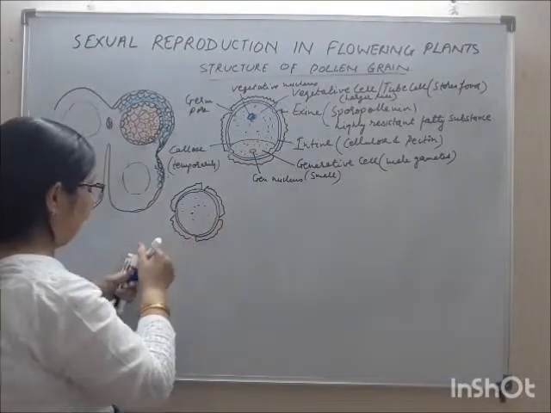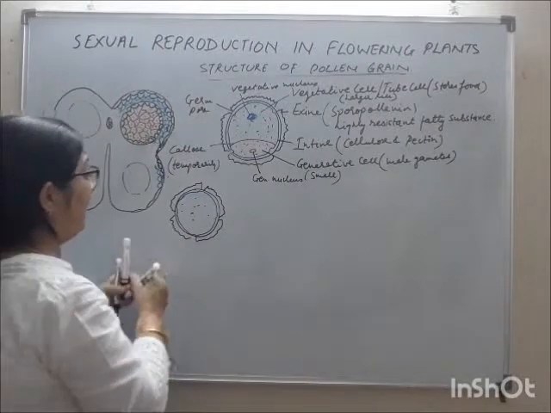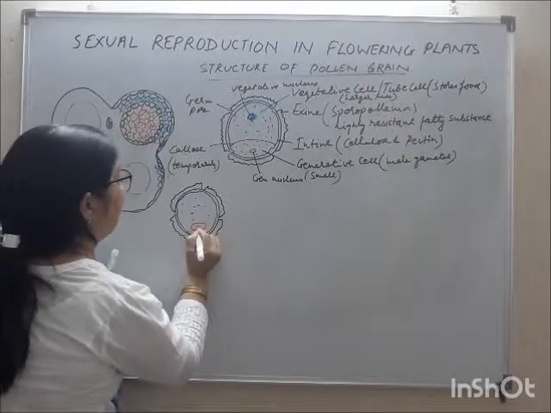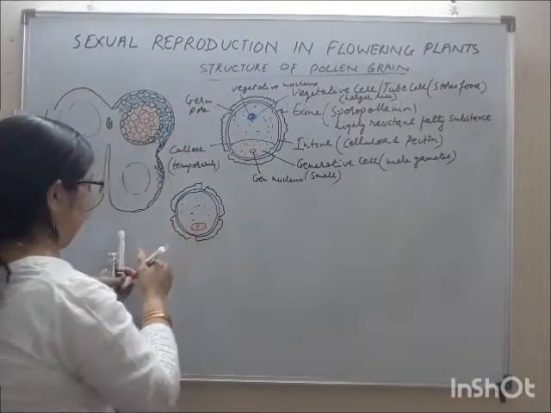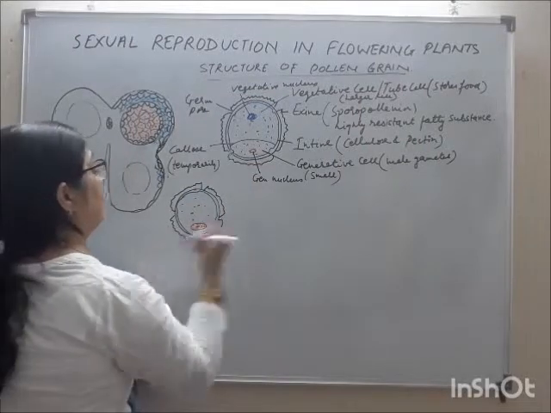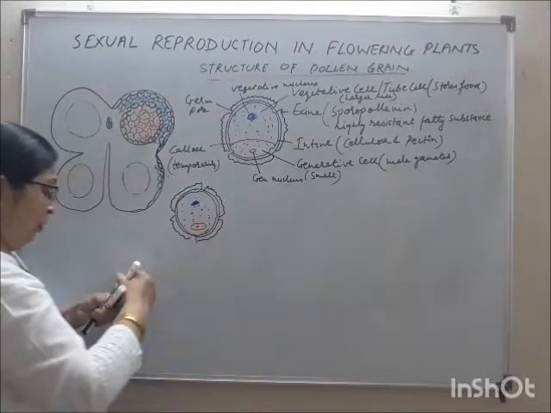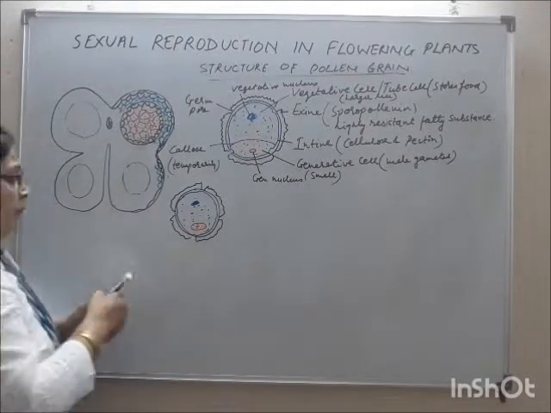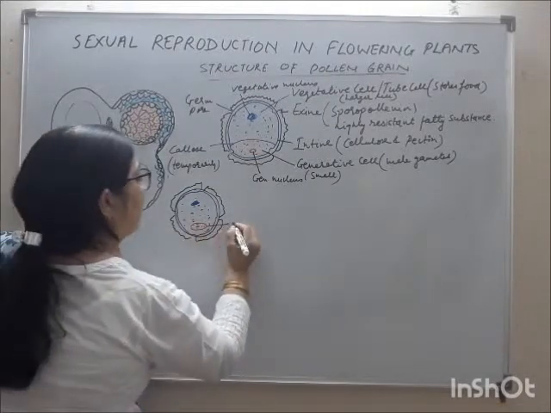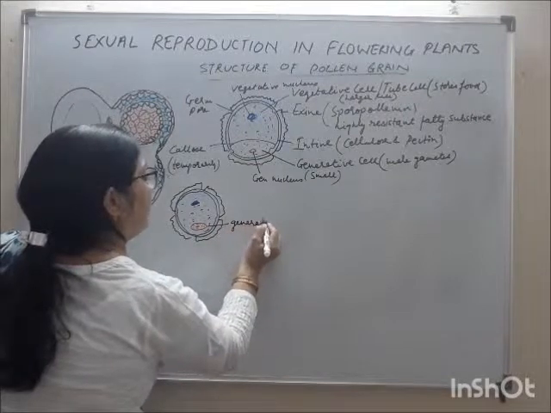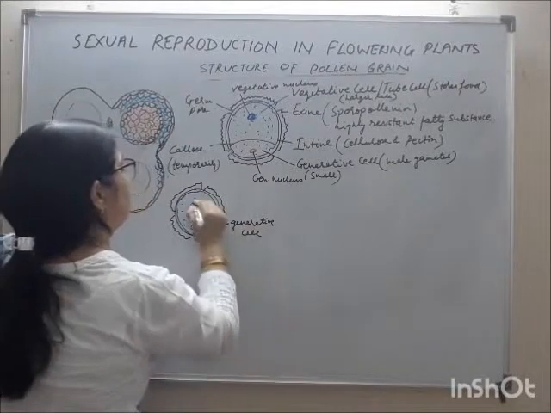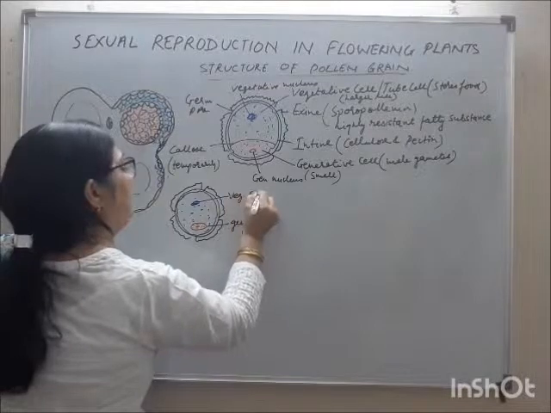Then this generative cell is freely present in the cytoplasm of the vegetative cell. ठीक है? So this is the generative cell and this is the vegetative cell.